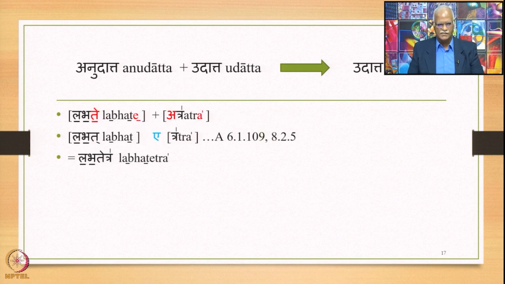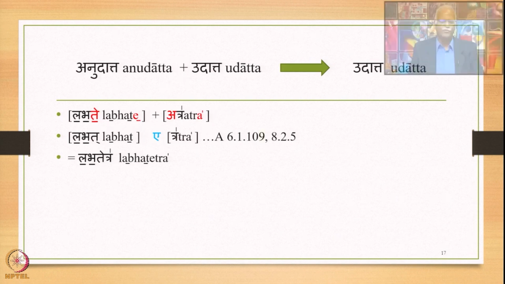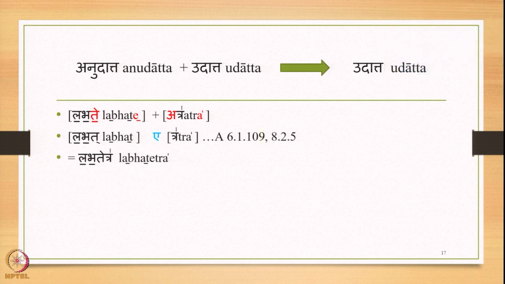Let us take the other example where we have Anudatta followed by Udatta as an input, and 8.2.5 applies and the output generated is Udatta. So here we have labhate plus atra. Labhate is a verbal form and it is not appearing at the beginning of a sentence, mind you. There is some word that appears before this word. And so we have labhate followed by atra.